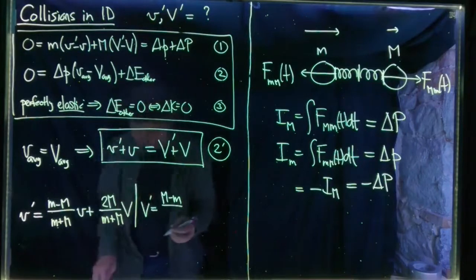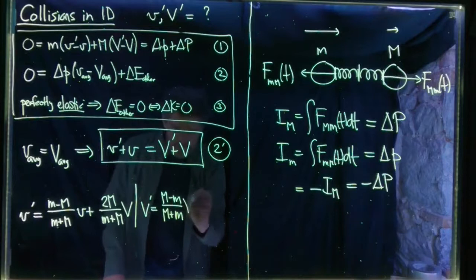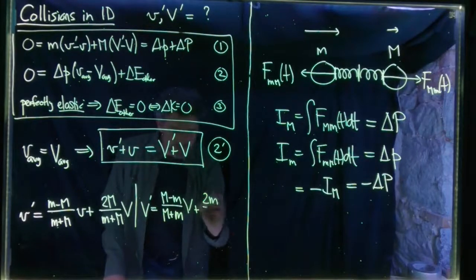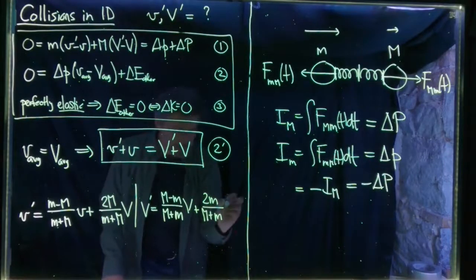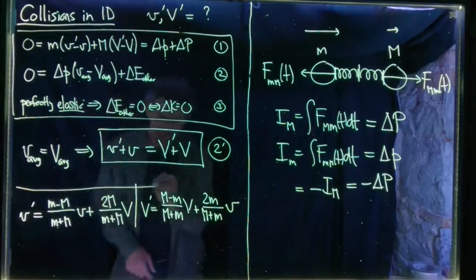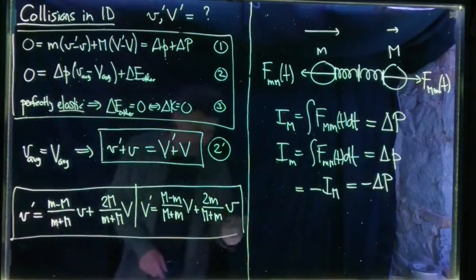So big V prime is this times big V, plus twice little m over big M plus little m times little v. So when we solve two equations for two unknowns, this is the solution that we get.